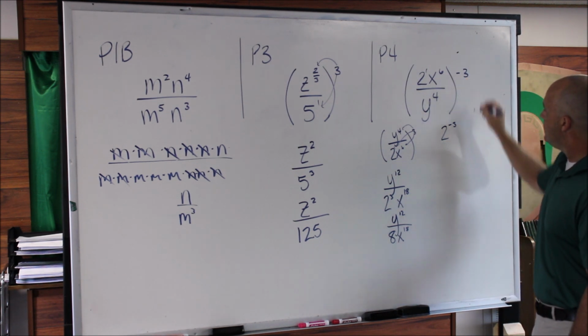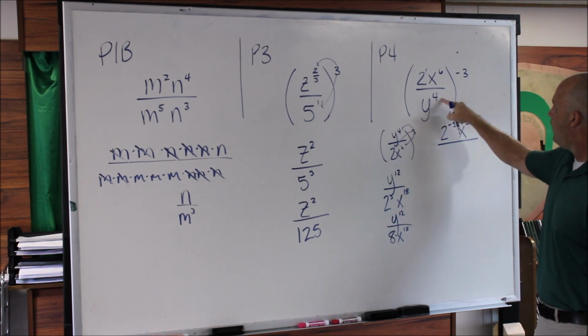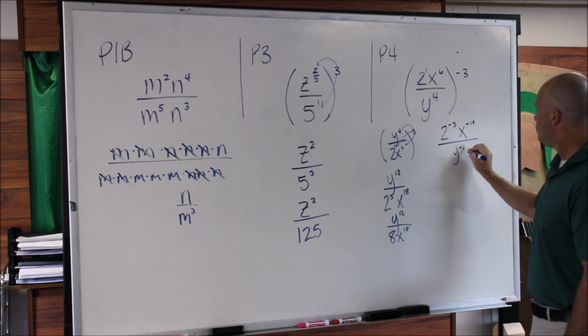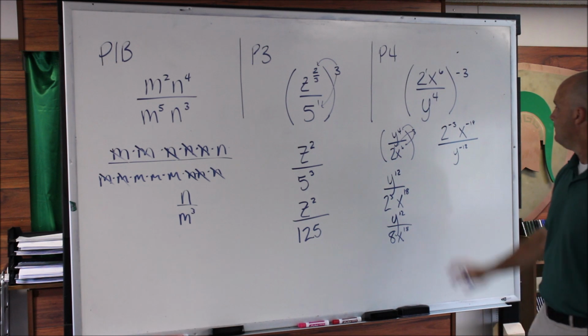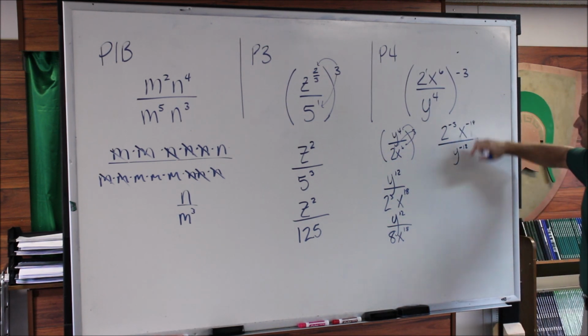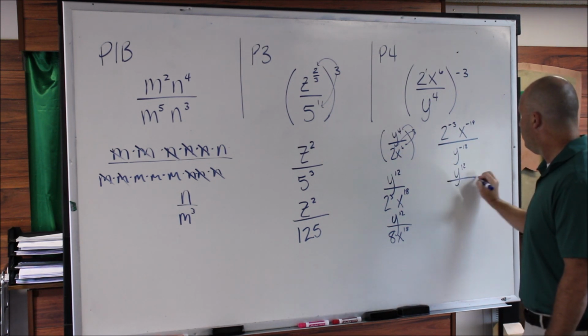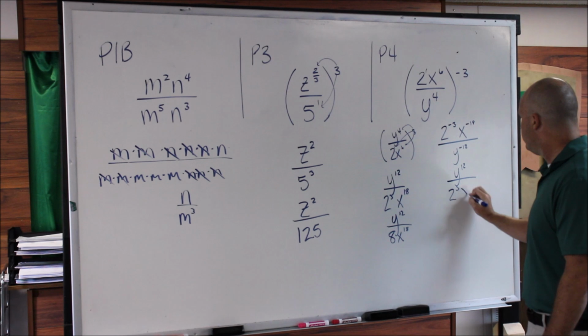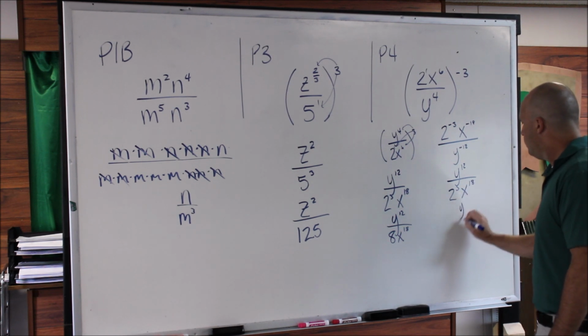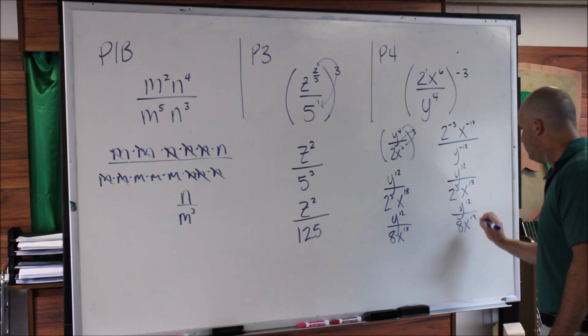X to the sixth to the negative third is x to the negative 18th, and y to the fourth to the negative third is y to the negative 12th. Okay. So bring down the 2 to the negative third and the x to the negative 18th and flip up the y to the negative 12th. So we get y to the 12th over 2 to the third x to the 18th, which simplifies to y to the 12th over 8x to the 18th.